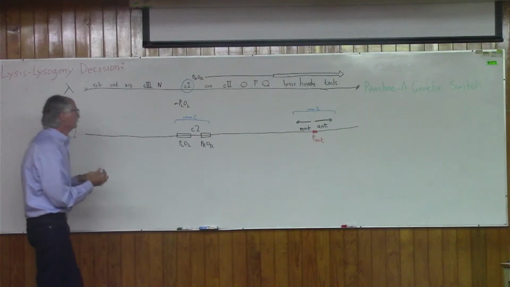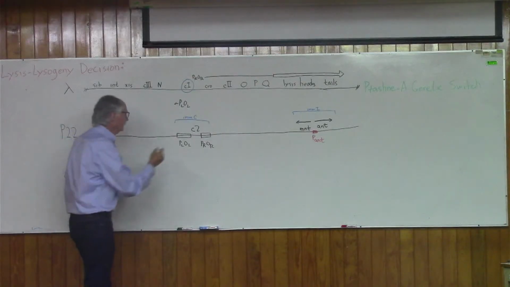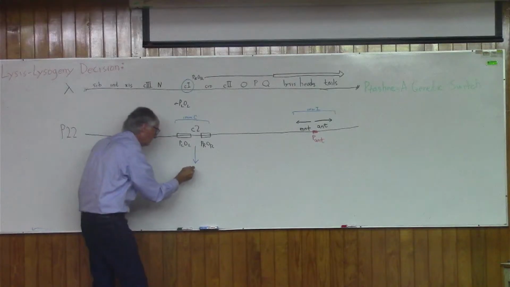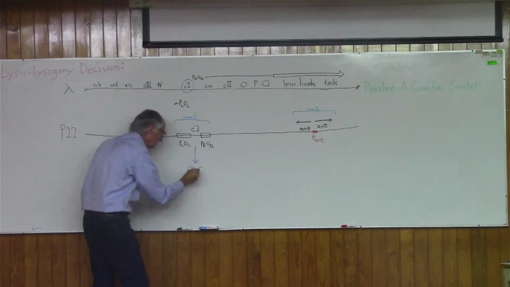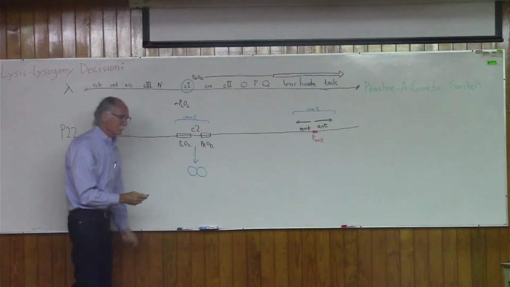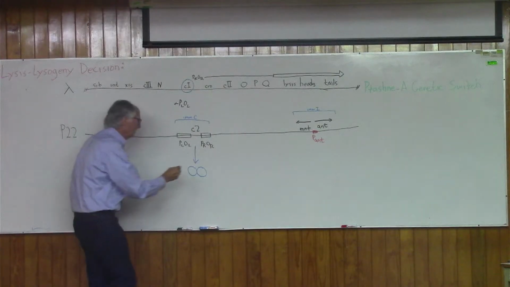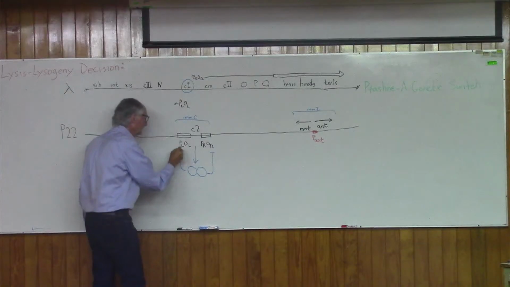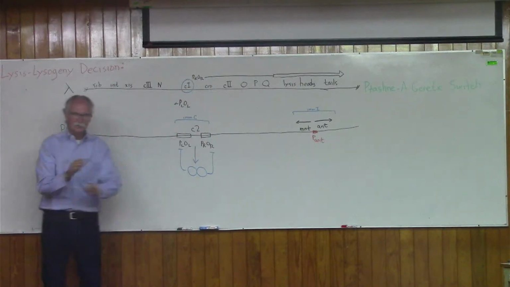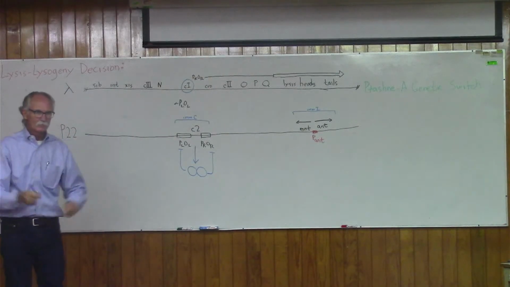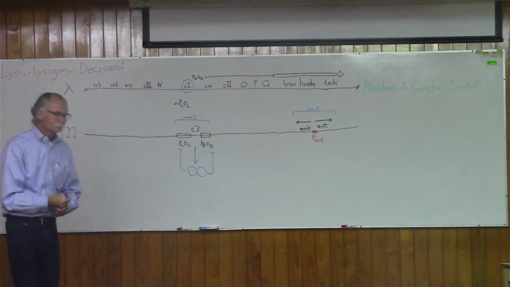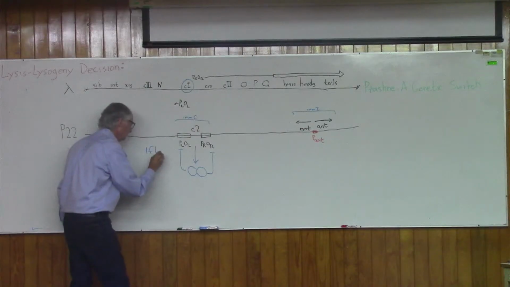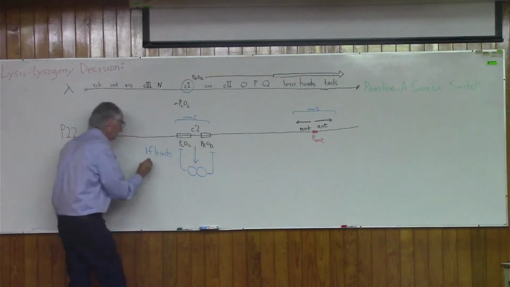As you know, from lambda, when the C2 gene, when the repressor is made, that repressor has to multimerize. And when the repressor multimerizes, it comes back and binds to these sites and turns off lysis. So you become a lysogen. Right? So, if it binds, then you get lysogeny.